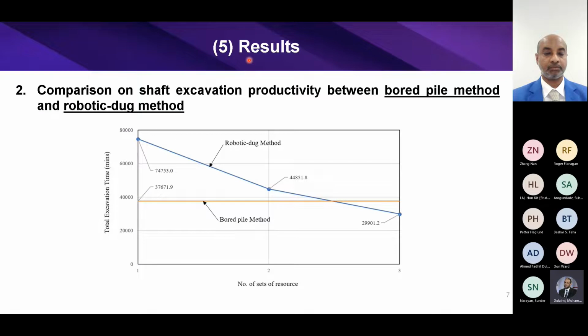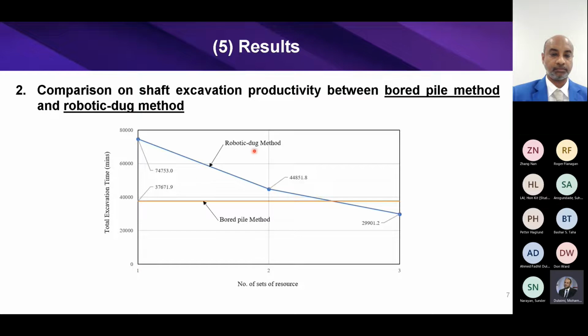Next, this productivity may be used for further comparisons with the bore pile method. For the bore pile method, as I said before, the productivity is from an ongoing project. The result is that the total time of shaft excavation of the bore pile method is 37,671 minutes for 5 piles of 45-meter depth. Actually, the productivity of the bore pile method is much better than the robotic one if we consider one set of resources only.